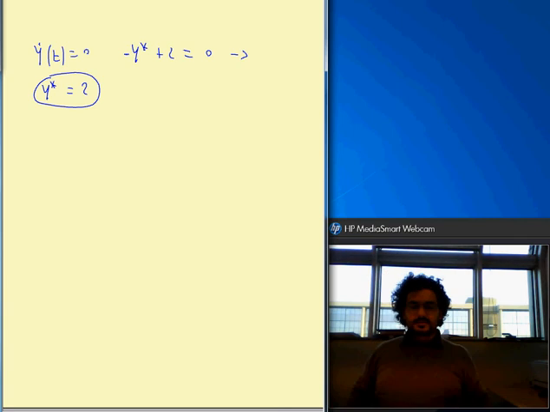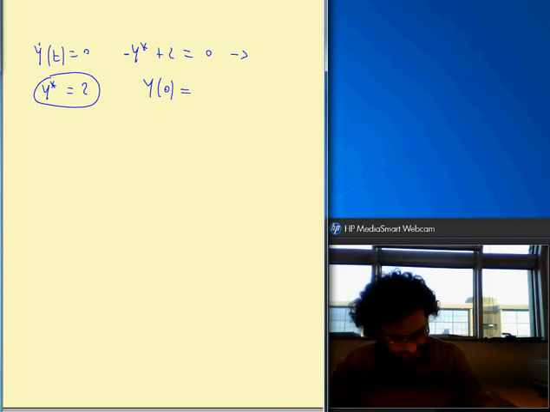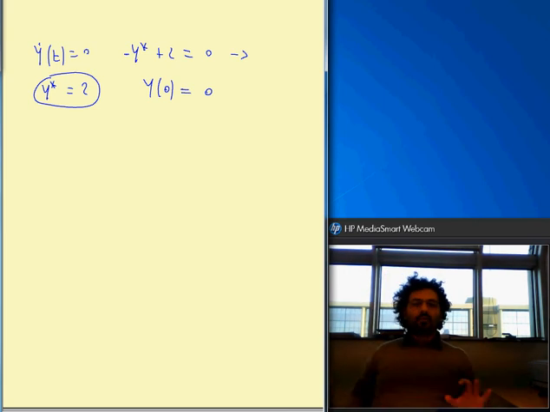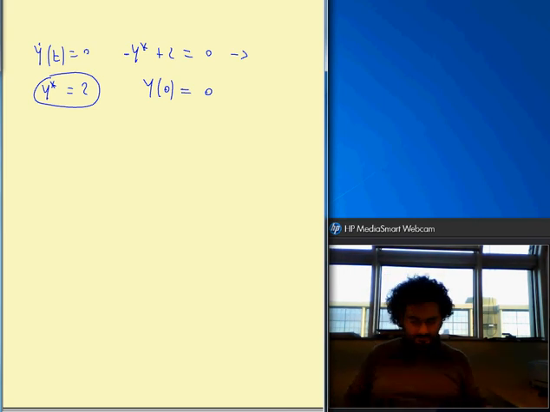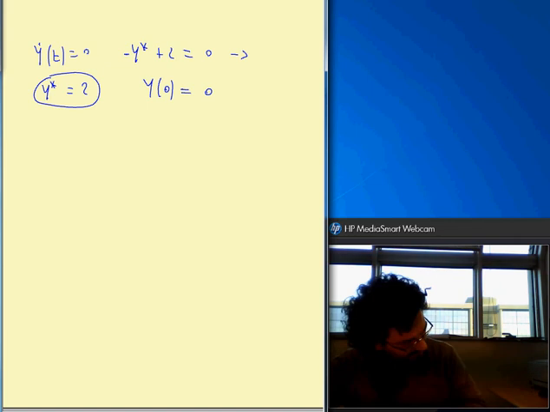We can write the particular solution as y of t equal to 2 plus c, which is minus 2, so it's minus 2 e to the power of minus t, which is equal to y star.